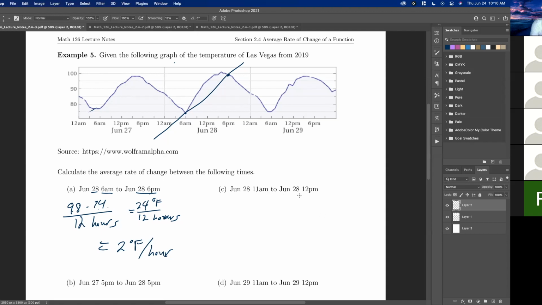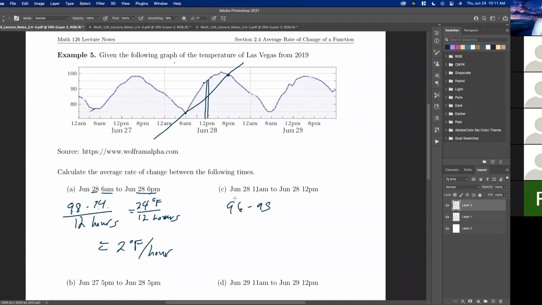So let's do from 11 a.m. to 12 p.m. And so here we're just going to do from 11 to 12. So from here to here. I'm just going to say this is roughly 96 degrees.